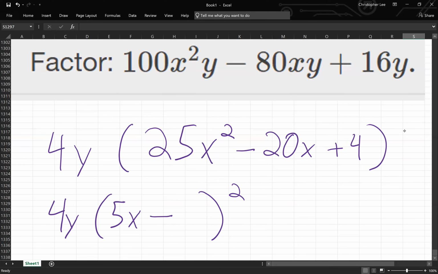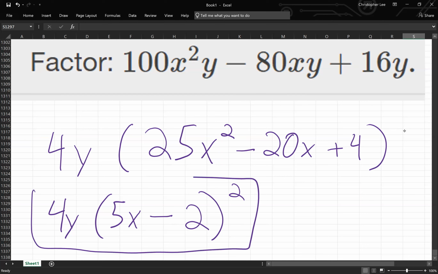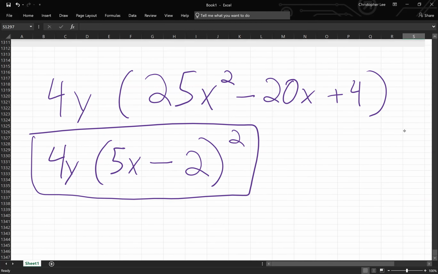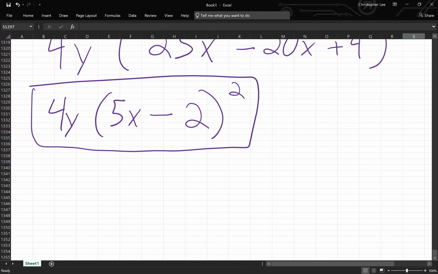Not 4. What times what is 4? 2. This is my answer. All right. So you find your greatest common factor first, then you can use a trick. Not bad.